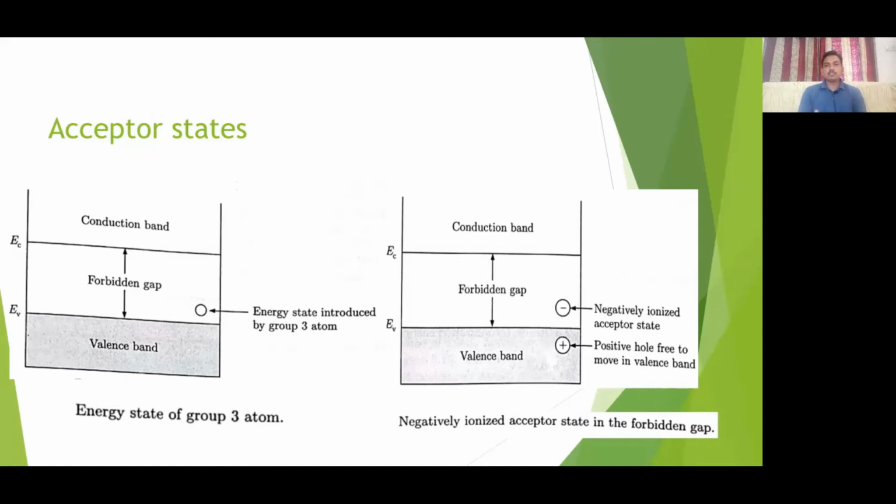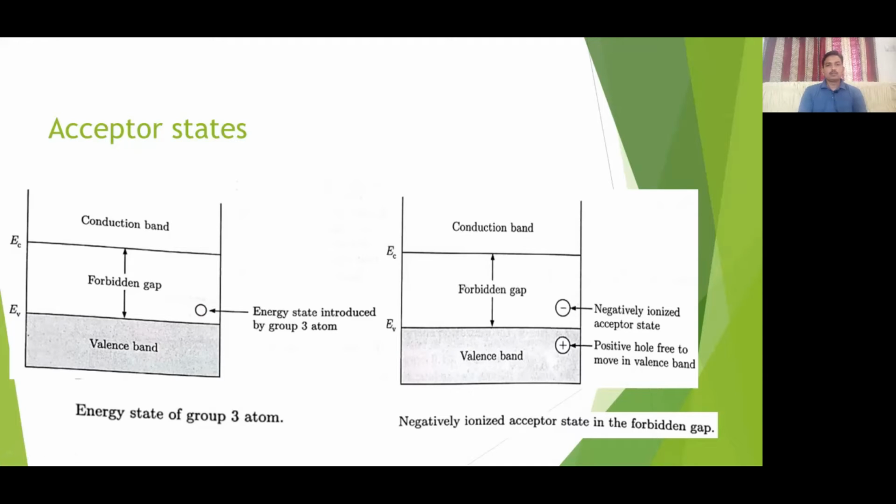The major point is that this extra energy state or this extra hole which exists in the impurity atom lies very close to the top of the valence band. As you can see in this first diagram, this hole existing in the impurity atom or trivalent atom lies very close to the top of the valence band.